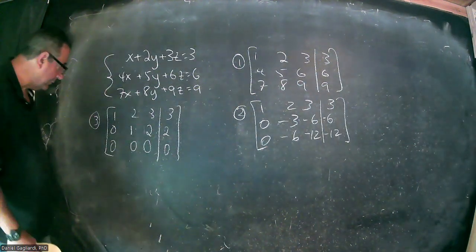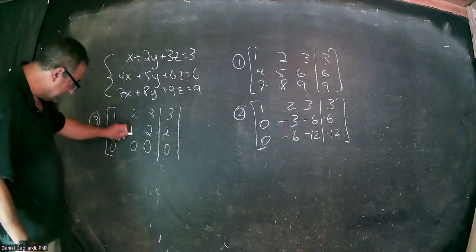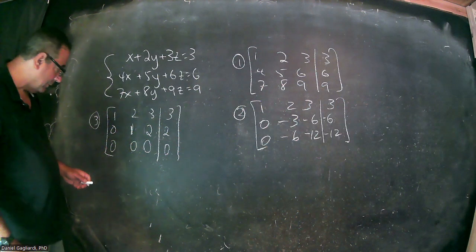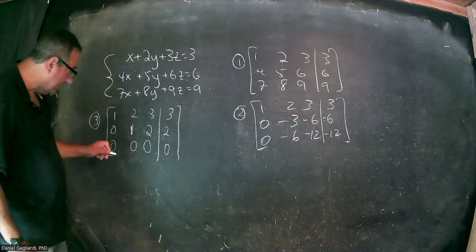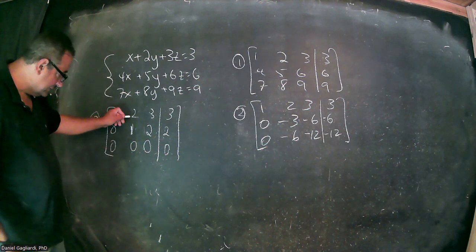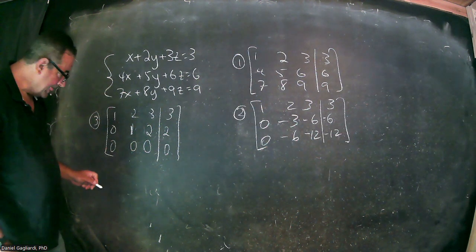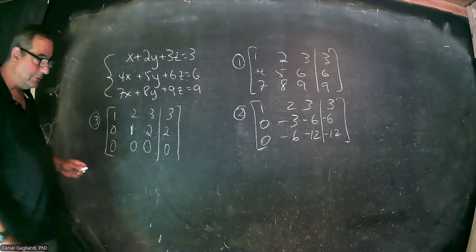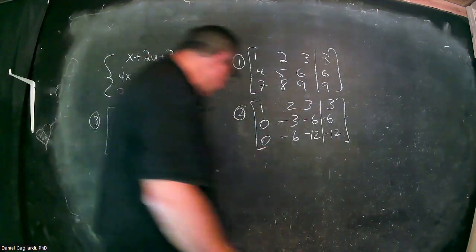We're going to take this new leading 1 and use it to turn this 2 into a 0. How do we do that? We take row 1 minus 2 row 2s. So I'll go down here for step 4.